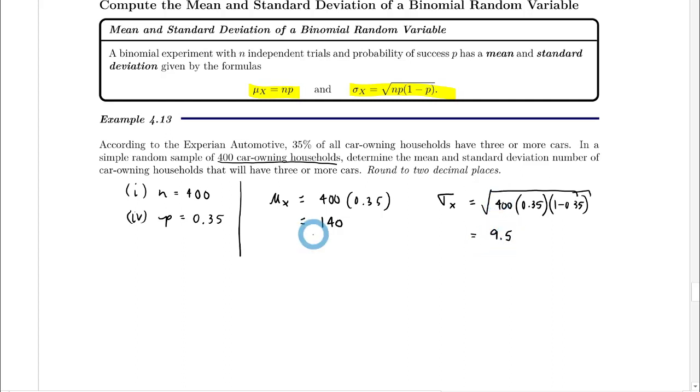Okay, so those are the numerical values, but what does this mean in terms of the actual car owning households?